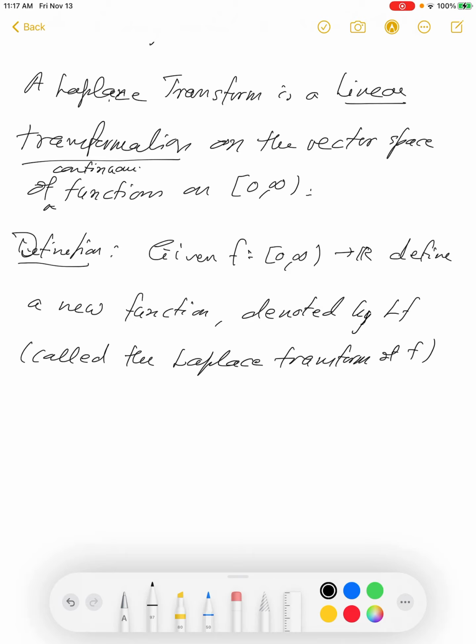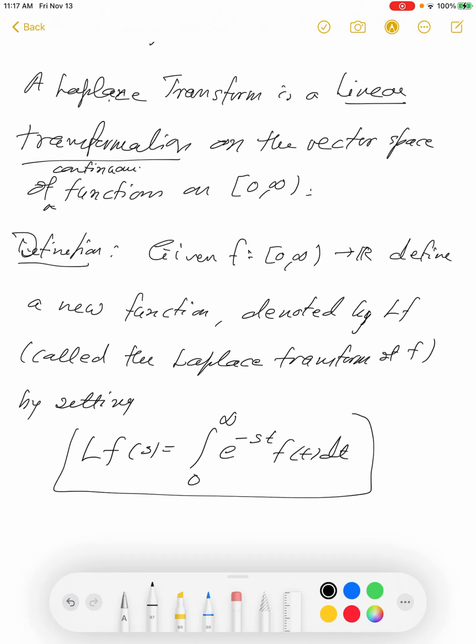So define a new function by setting L f at the point s to be the integral from 0 to infinity of e to the minus st f(t) dt. So it's a very non-trivial way of defining a new function.